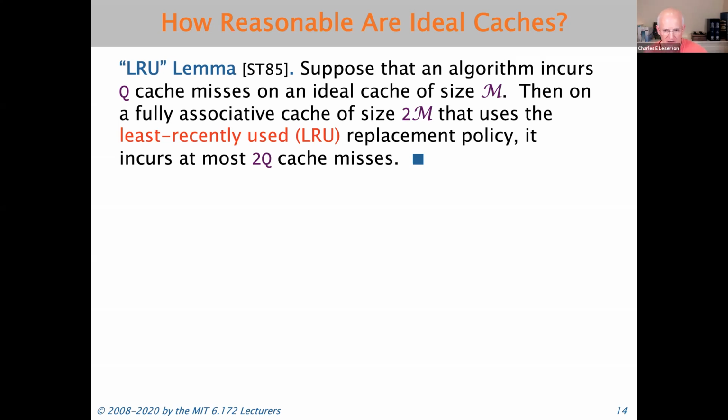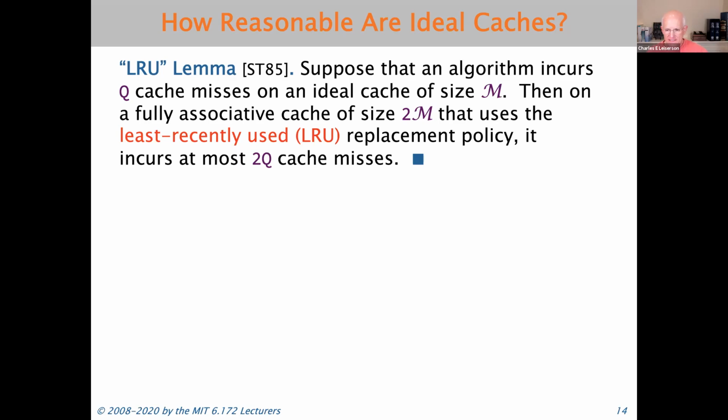So here's what the LRU lemma says. Suppose that an algorithm run on a given input incurs Q cache misses on a computer with an ideal cache of size M. So we have a cache size of M, and we've got Q cache misses when you run the algorithm.